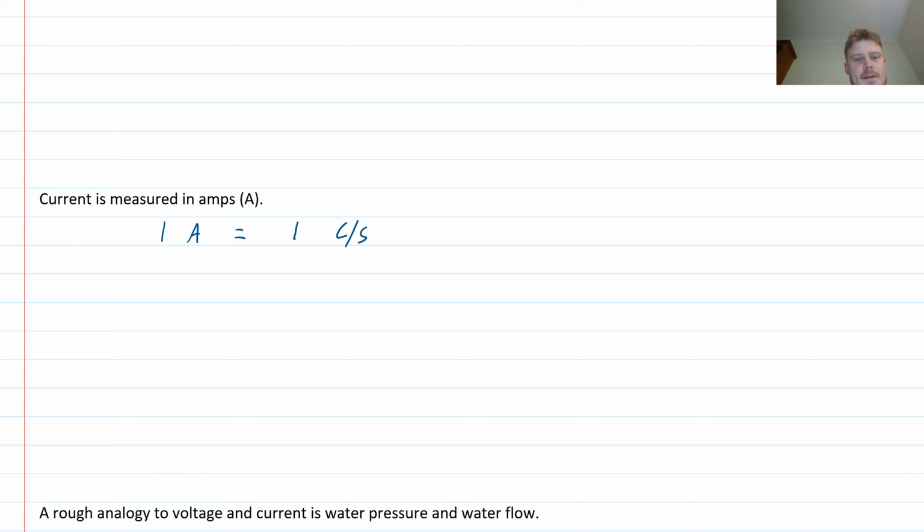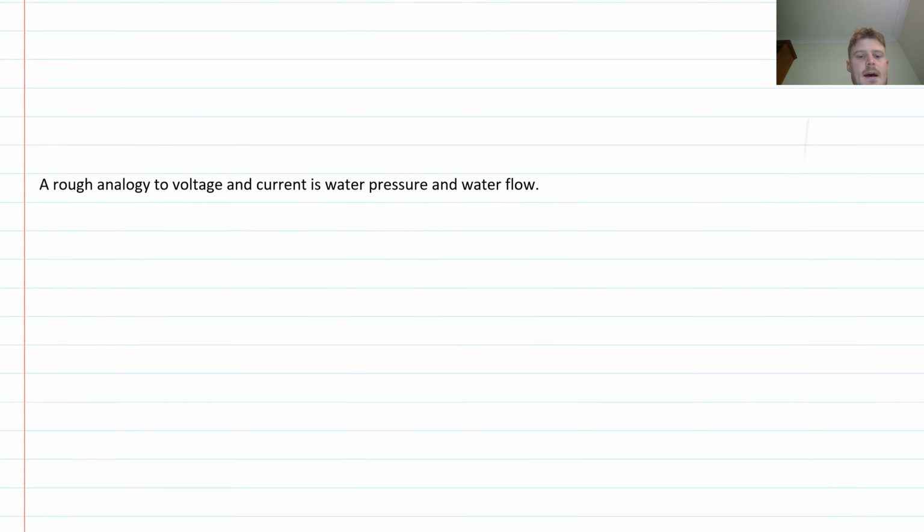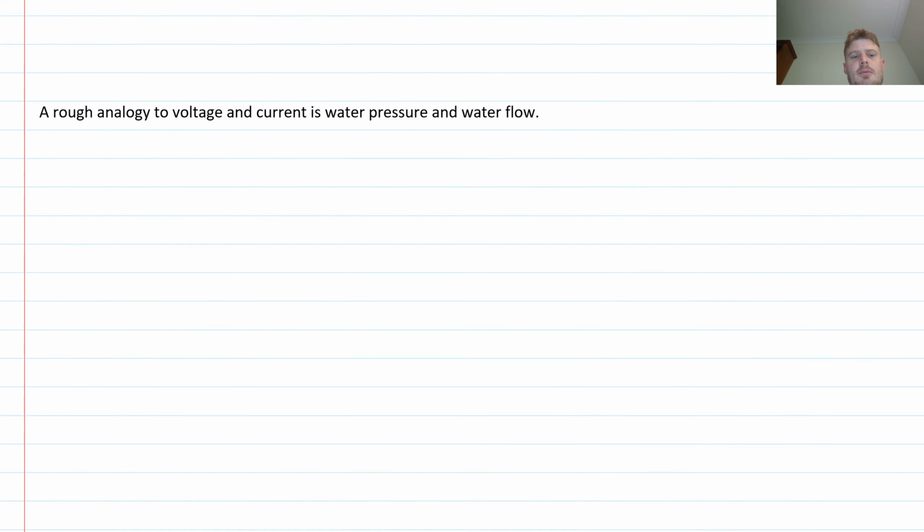All right, there's an analogy here with water pressure, and sometimes people find this helpful in order to visualize the meaning of voltage and the meaning of current. The analogy goes that you can think of voltage as being very roughly equivalent to water pressure, and you can think of current as very roughly equivalent to water flow.